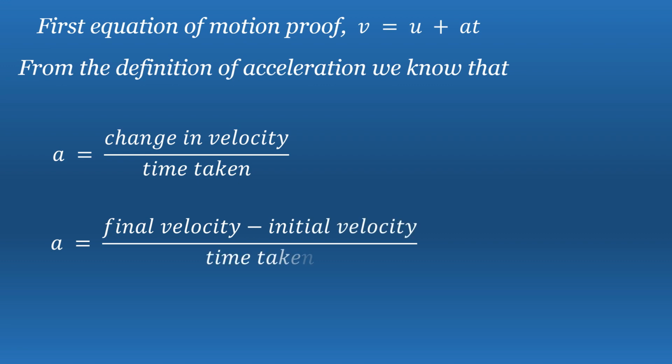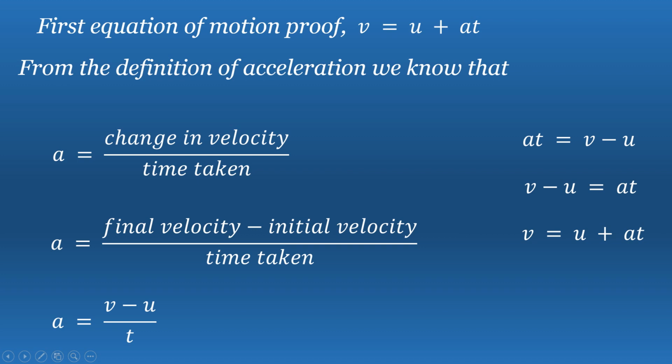Final velocity is v and initial velocity is u, therefore a is equal to v minus u divided by time. Now send this t to the left side, so you get at is equal to v minus u. Rearranging, v minus u is equal to at, and if we send u to the right side, you get v is equal to u plus at, which is our first equation.